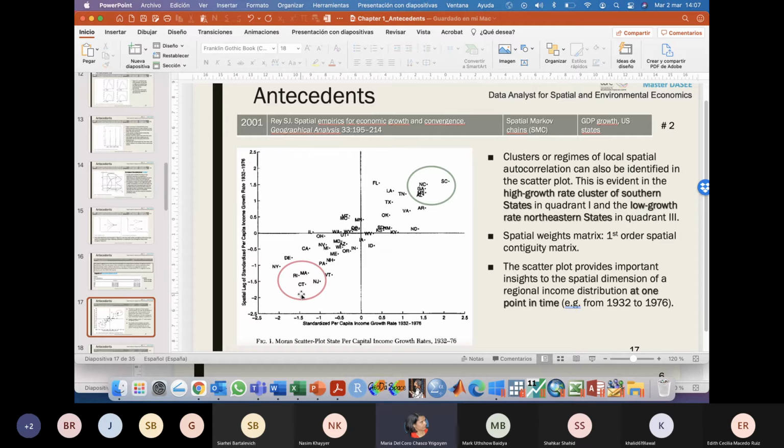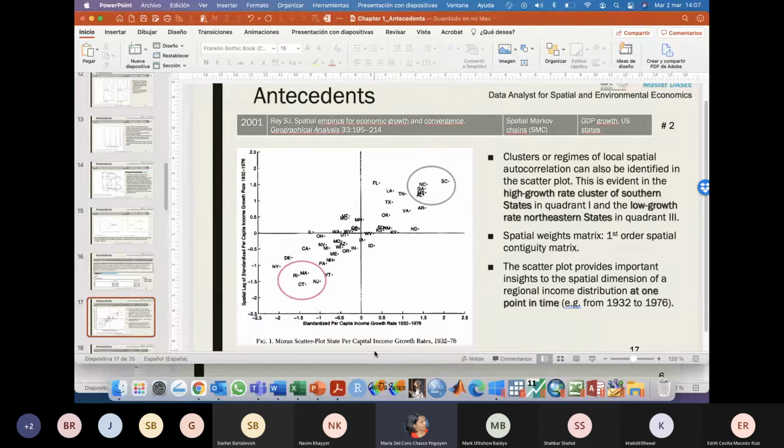This is the low quadrant, just the contrary: lower values of per capita income growth that are surrounded by lower values on average of the neighboring states in per capita income growth.